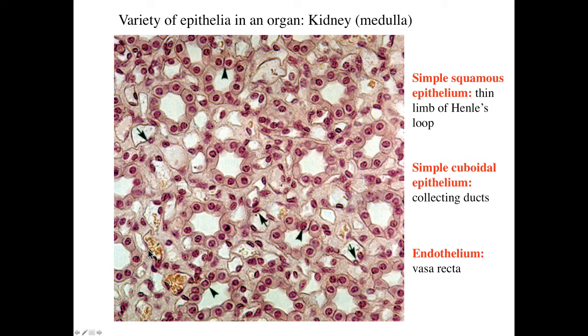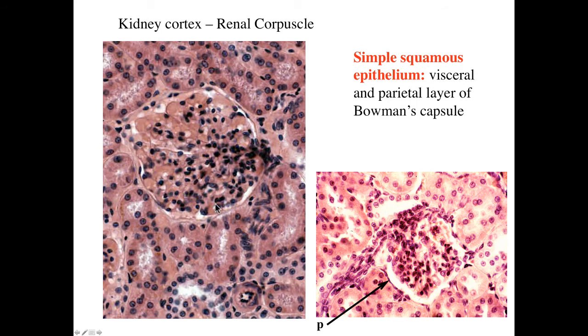But it is a very simple squamous epithelium, and this vasa recta is a blood vessel. You can see red cells in the lumen of these vessels, so the epithelium here would be given the name endothelium.